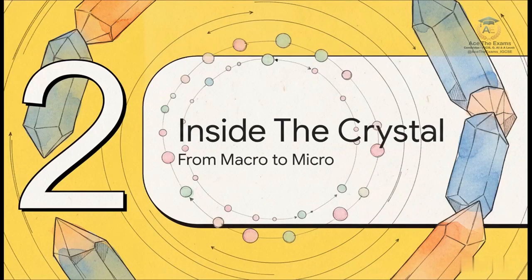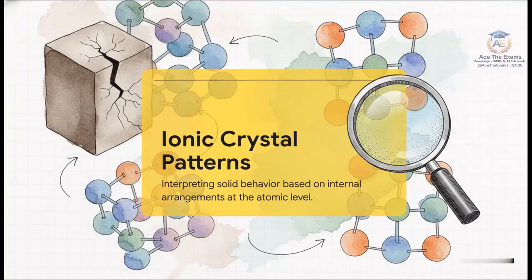Section 2. Inside the ionic crystal. From macro to micro. Okay, let's dive into this and get you your first really quick win. We actually need to completely reverse how you think about this topic. Instead of starting with invisible atoms, we're going to work backward from the macroscopic observable phenomena straight down into the microscopic picture. Ionic crystal patterns are all about interpreting how a solid behaves based entirely on its internal arrangement at the atomic level.